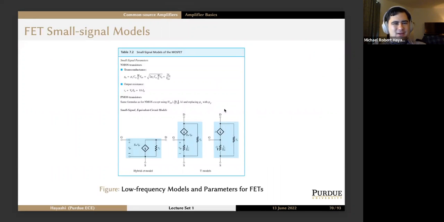As a reminder, here is a table from the Sedra and Smith book on microelectronics that gives you the equations for transconductance and output resistance, how to deal with PMOS transistors, and it shows you the hybrid pi model, as well as 2 versions of the equivalent T model. This is another good summary for how you analyze amplifier types.